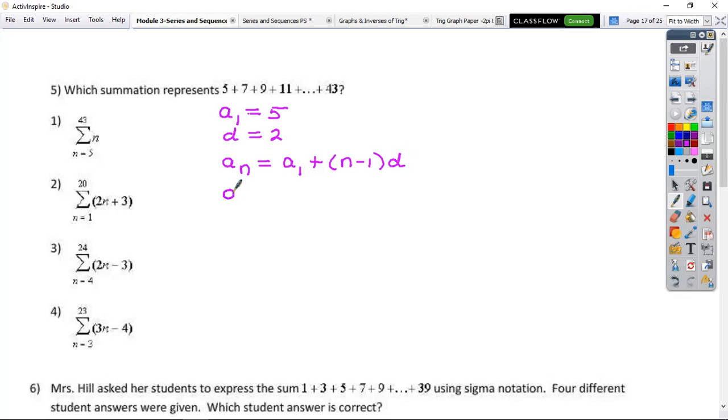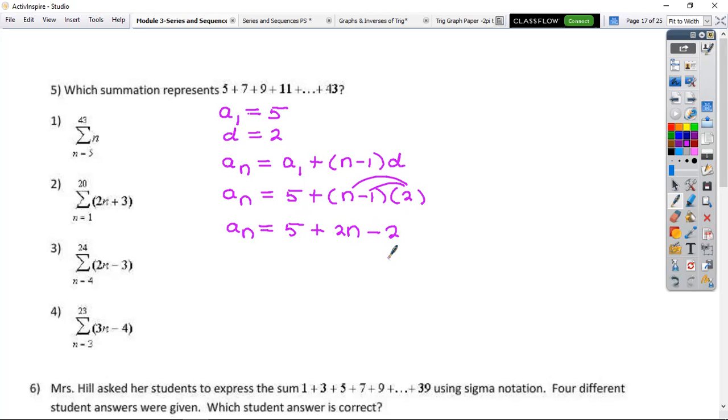So I substitute in and I get a sub n is equal to a sub 1, which is 5, plus n minus 1 stays there, and the d value is 2. So you're going to actually distribute it like that. So I get a sub n is equal to 5 plus 2n minus 2.